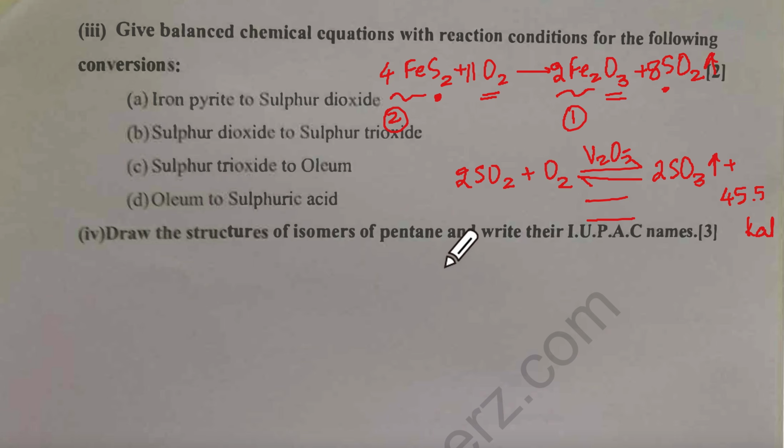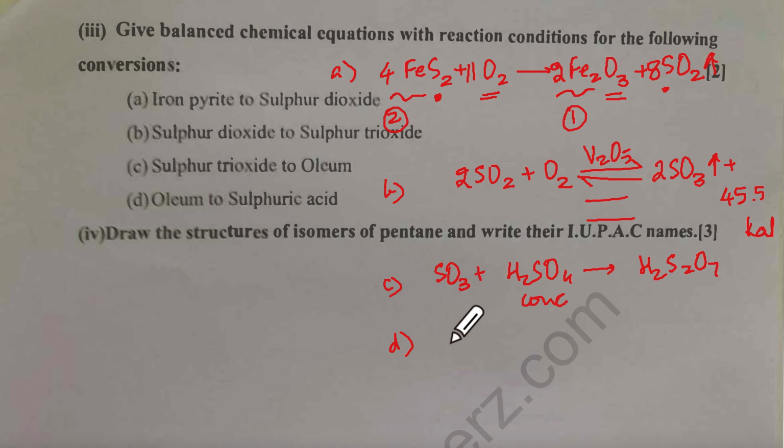Sulfur trioxide to oleum. SO3 plus conc. H2SO4 gives H2S2O7. You did not mention conc. And then this is your C, this is your B, this is your A, and last is oleum.